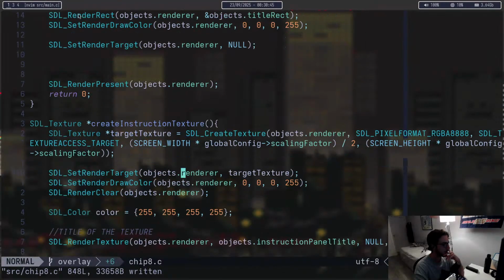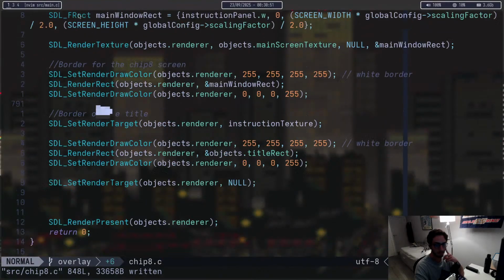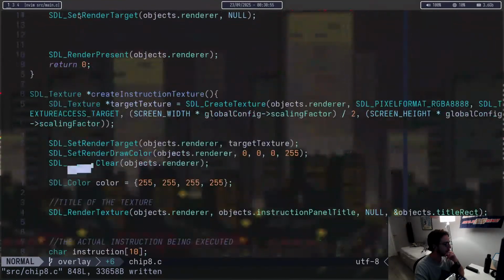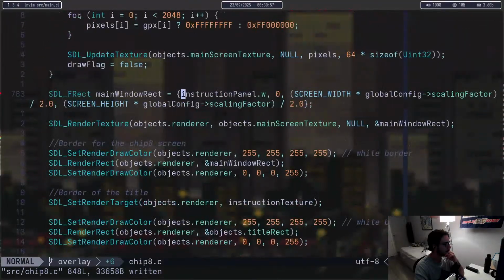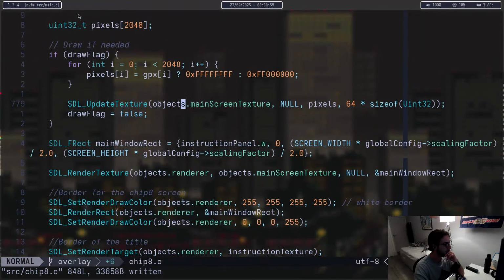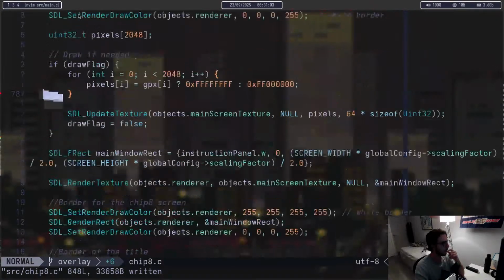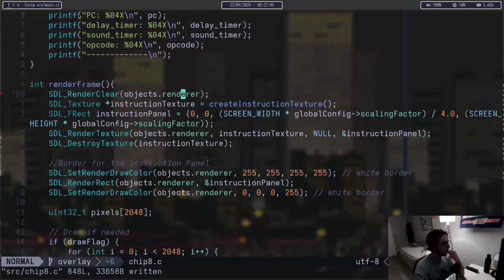So I have my texture. I then set the render target to that one. So which one do I set it to, or do I make the call to this one? Instruction texture.